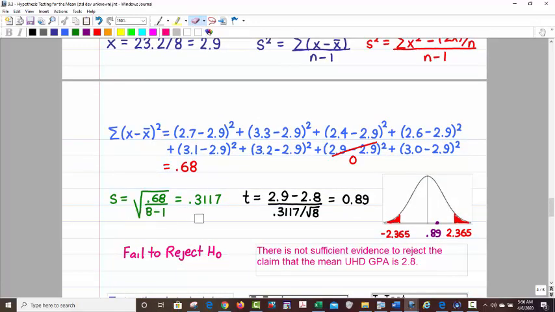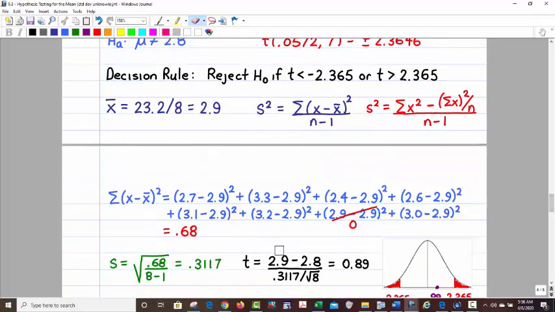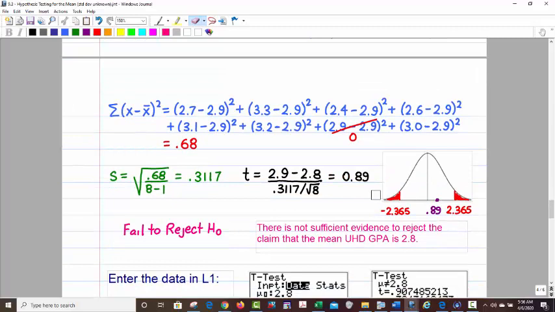So I get 0.3117 as a rough estimate for the standard deviation, and n was 8. We had 8 numbers, so the sample mean that I calculated right here was 2.9. So 2.9 minus 2.8, divided by 0.3117 divided by the square root of 8, is 0.89.